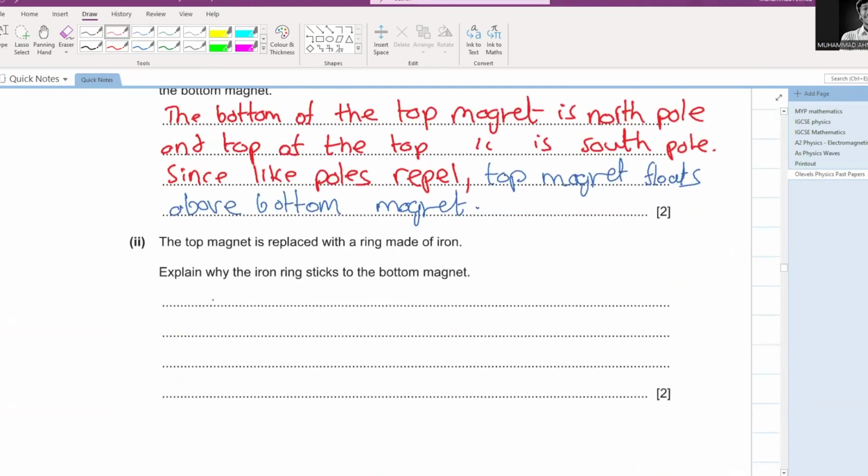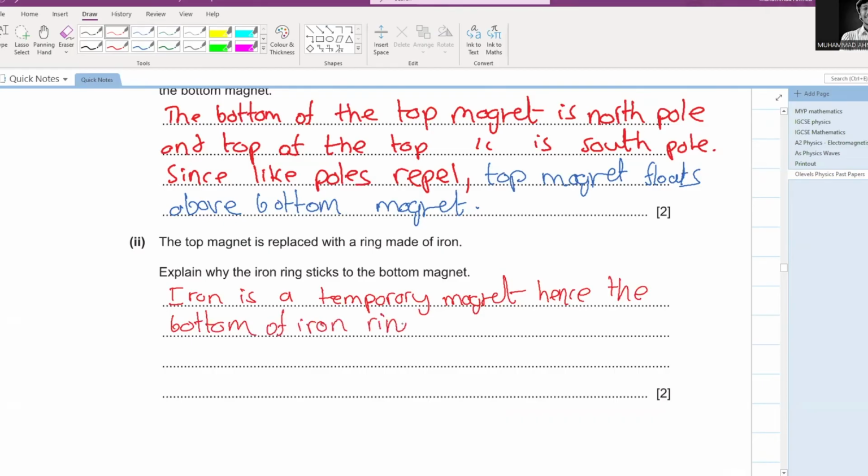You will say iron is a temporary magnet. Hence, the bottom of the iron ring becomes south pole.